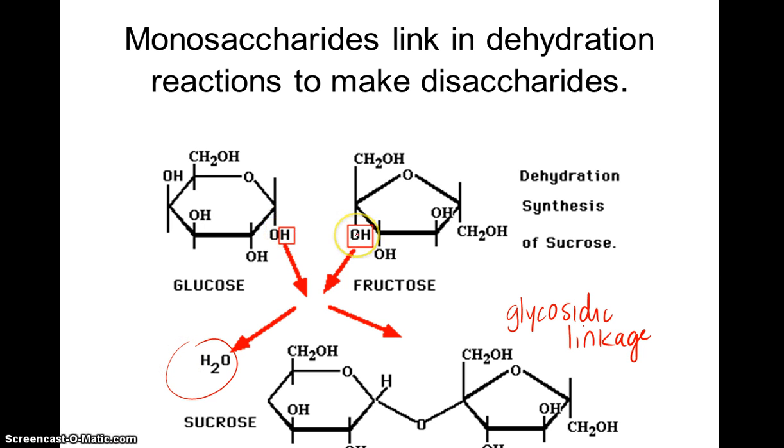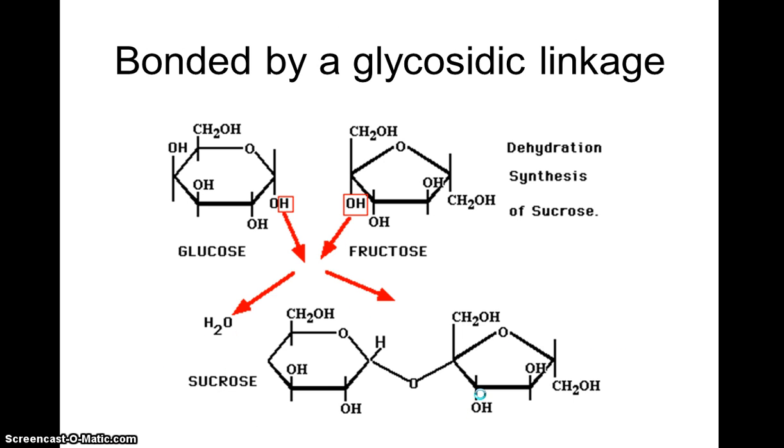A hydrogen comes off of one of those sugars, the hydroxyl from another, and that comes off as water, and they link up together. Remember, this is all helped along by enzymes. This doesn't just happen on its own. But either way, we get a disaccharide here. That is how they link, and again that shows the glycosidic linkage.